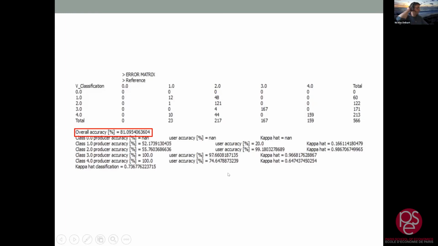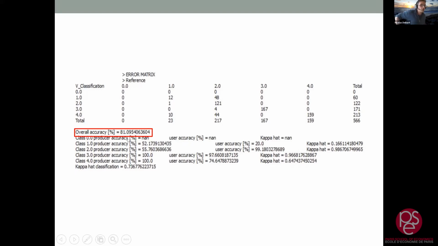So this exercise, of course, is necessary when you make a map or if you use a map. Depending on the objective and the level of difficulty of what you want to do, there is no definite answer about what is a good classification and what is a bad one. But when you have overall accuracy above 95%, you can consider it's really good for remote sensing.